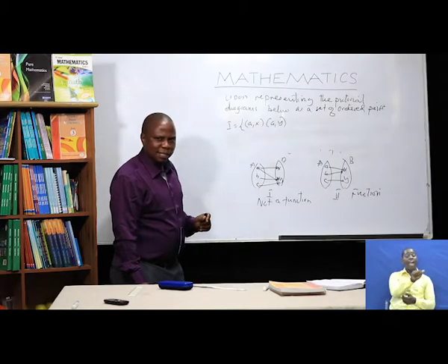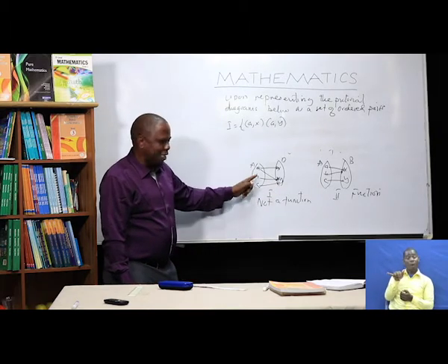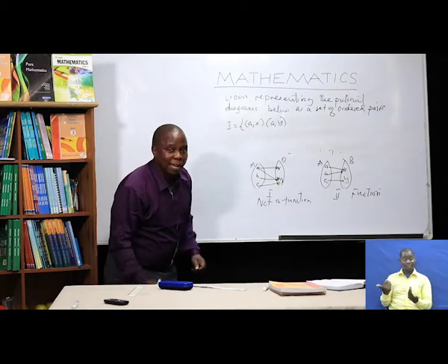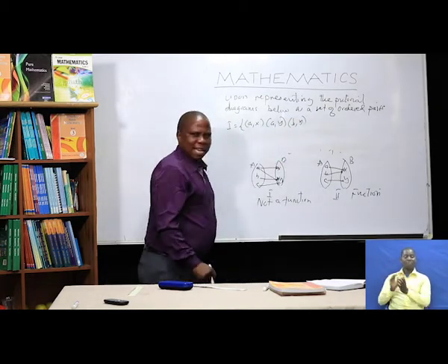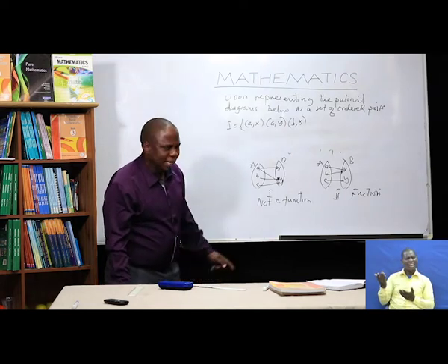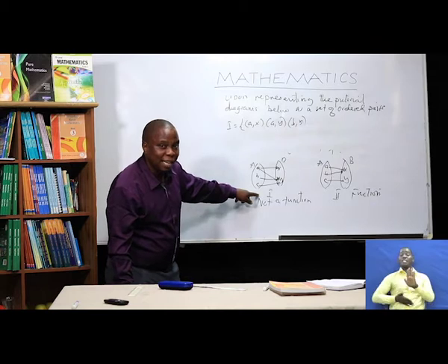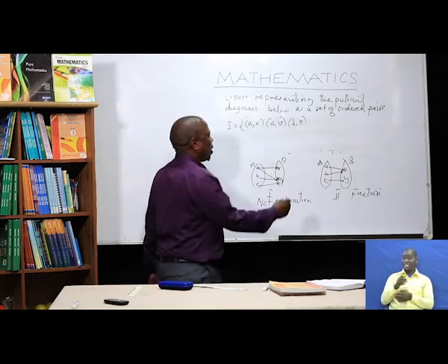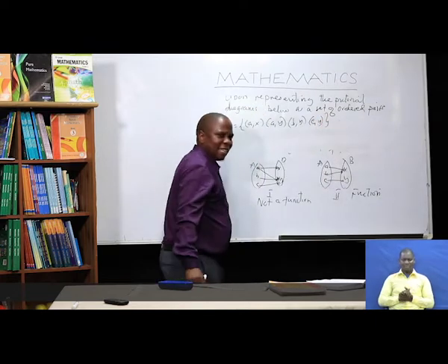A, X, A, Y. Another one is B, comma Y. This is B, comma Y. Another ordered pair which can be established from this pictorial here is C, comma Y. Is there any other?